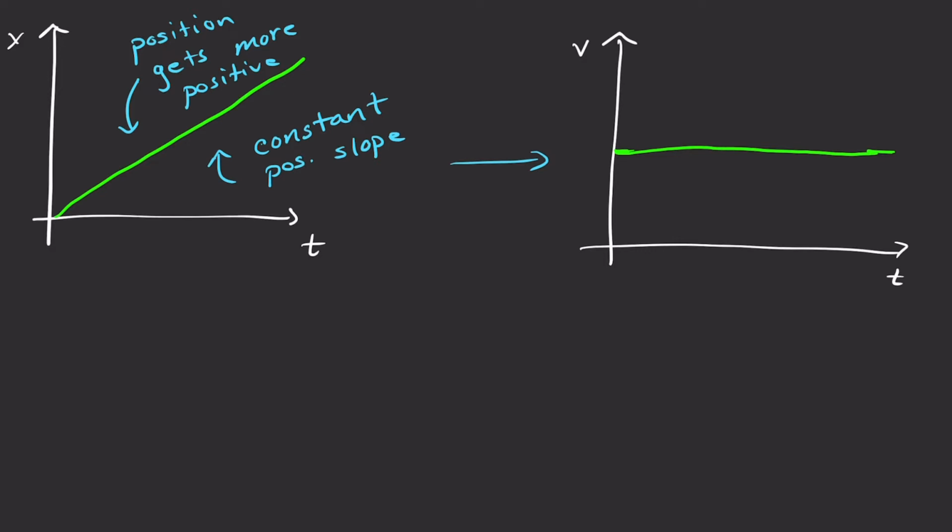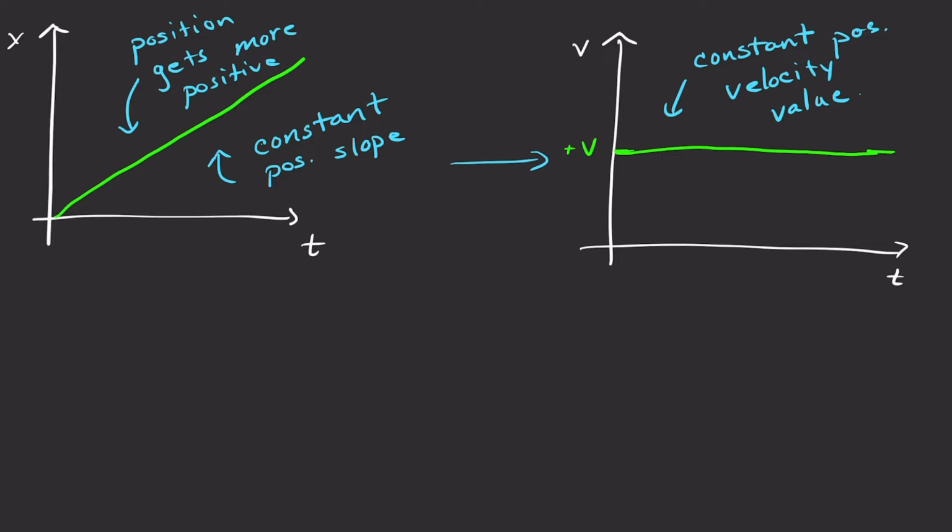So again, we have a horizontal line, but now it's shifted up. Now it's not 0, it's some positive number. Okay, and this is a constant positive velocity value.